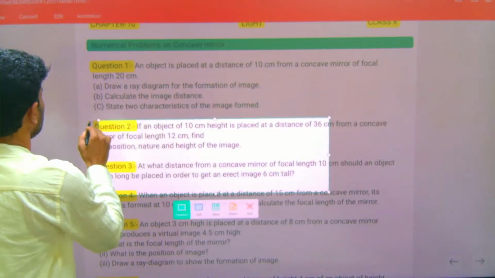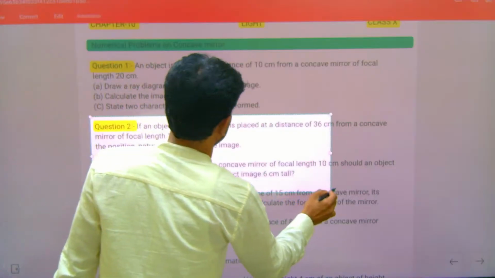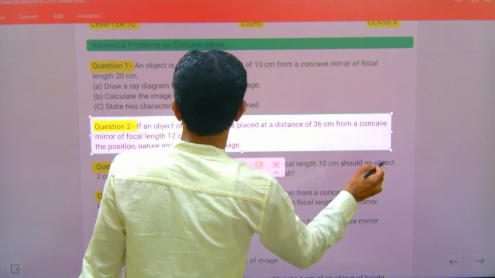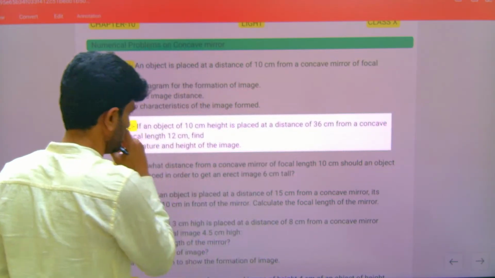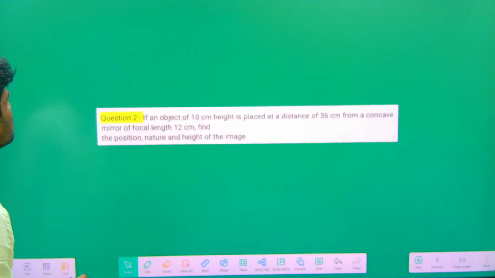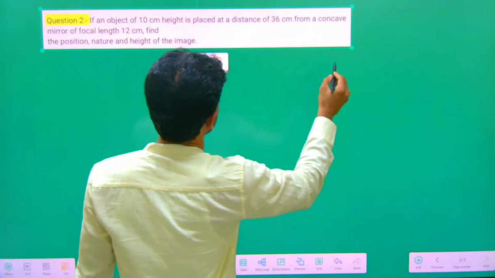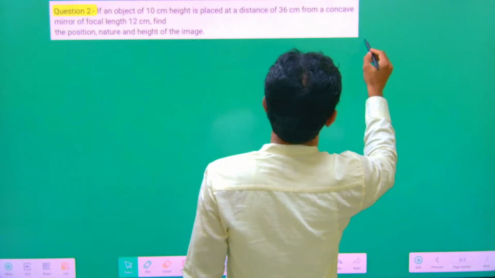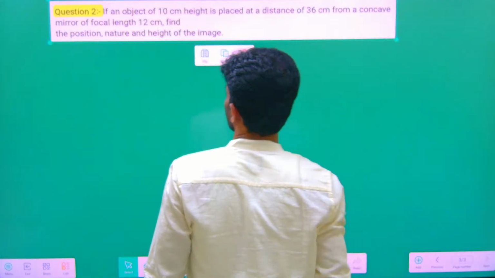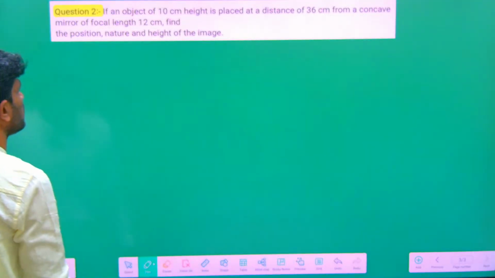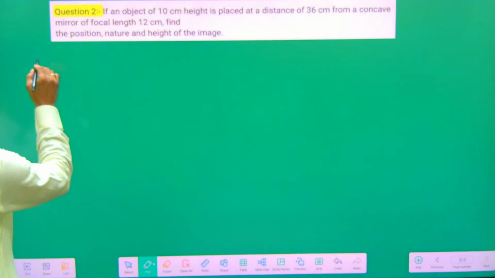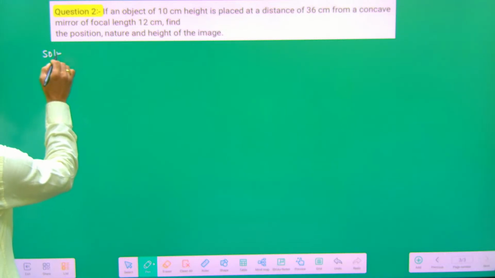In this question, what is given? An object of 10 centimeters height is placed at a distance of 36 centimeters. A figure they are not asking for, it is completely numerical. So first let us write what information is given.